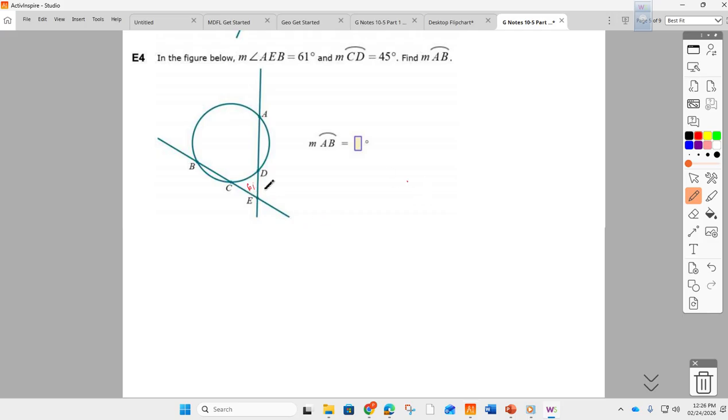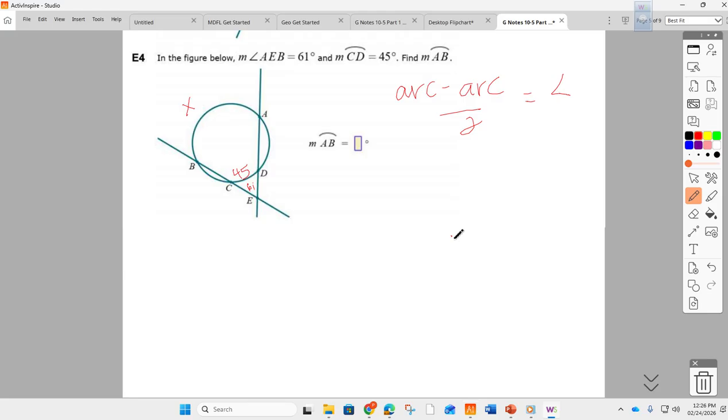Arc CD, the little arc, is 45 degrees. The measure of arc AB is what we're looking for. So we're still using arc minus arc divided by 2 equals the angle. And that's the big arc minus the little arc. The arc farthest away from the angle minus the arc closest to the angle.